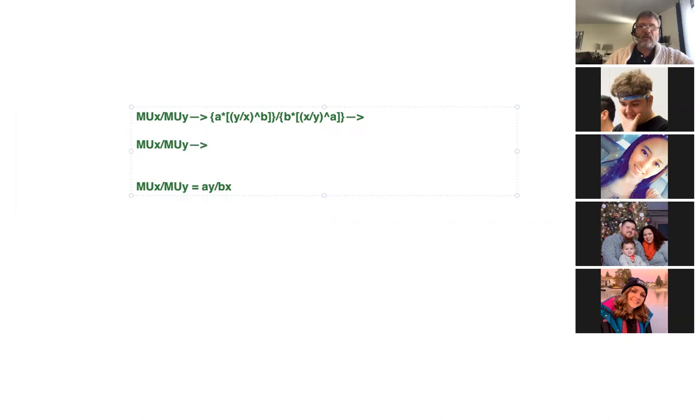Okay, so we got this first part here. Well, I'll just modify this whole thing. Okay, so here, hopefully everybody can see clearly that this is a fraction divided by a fraction.